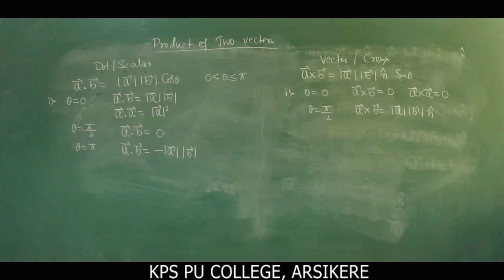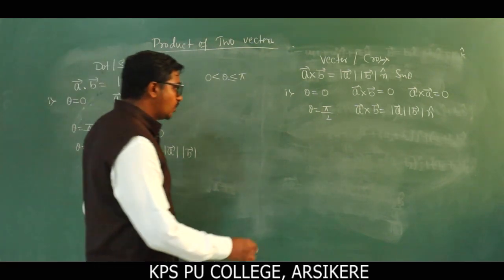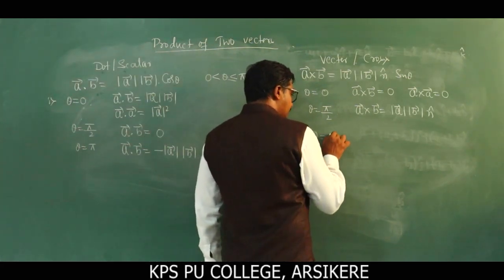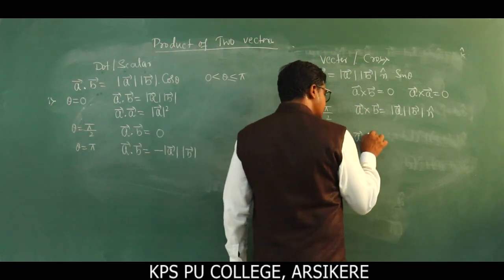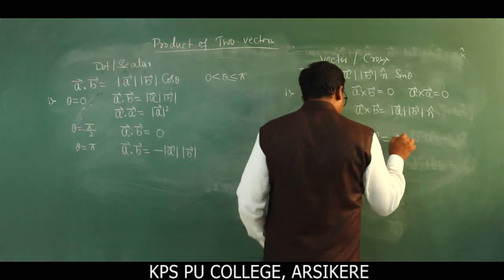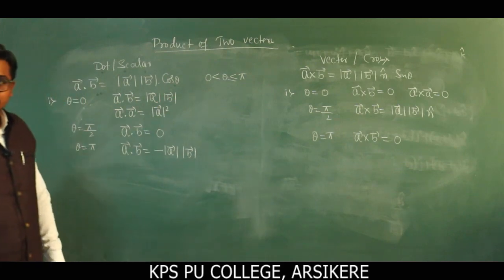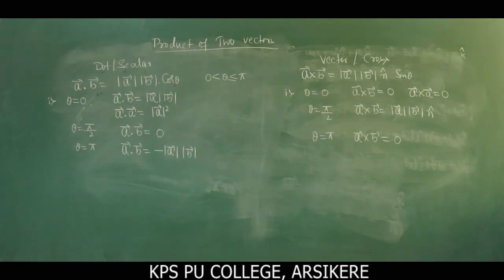Cos of pi is equal to minus 1. Similarly, when theta is equal to pi, vector A cross B is equal to 0, because sin pi is equal to 0. 0 and anything is 0. This is the case when theta is equal to 0, theta is equal to pi by 2 and theta is equal to pi.